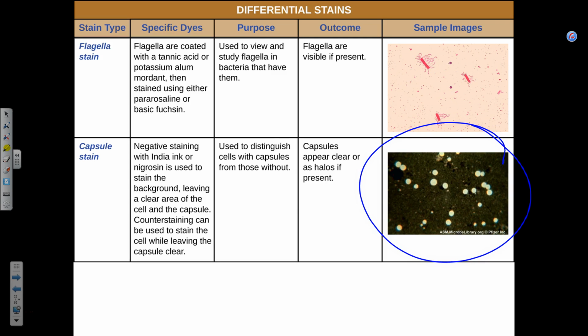One of the questions that usually arises is, do we have to know the exact names of reagents? My answer is no. If I ask you, which of the following dyes is used for capsule staining, you don't have to pick, say, India ink.